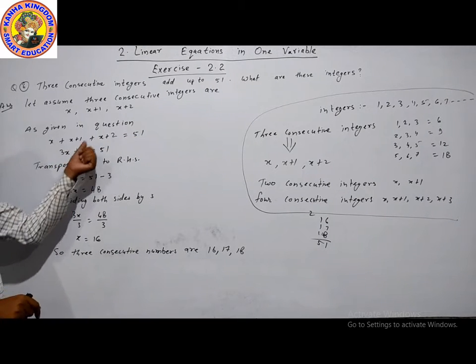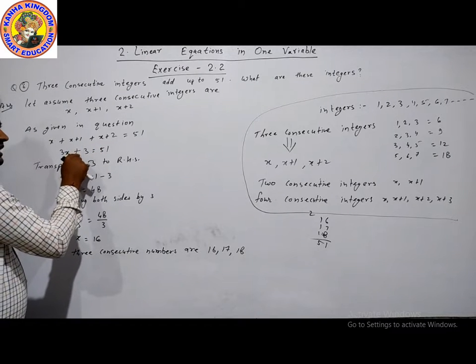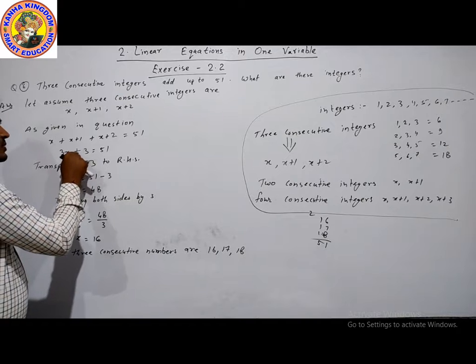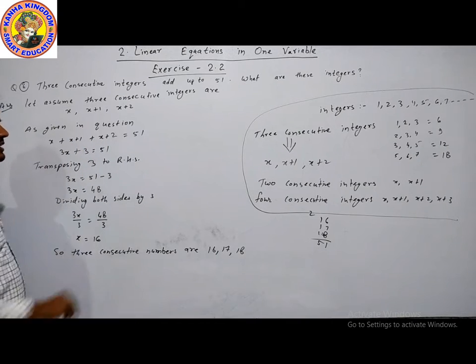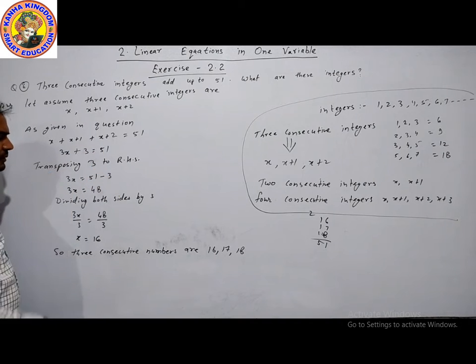Now transposing 3 to the right hand side, when we transpose any number, its sign is changed. So plus 3 goes to the right hand side as minus 3. 51 minus 3 is 48.